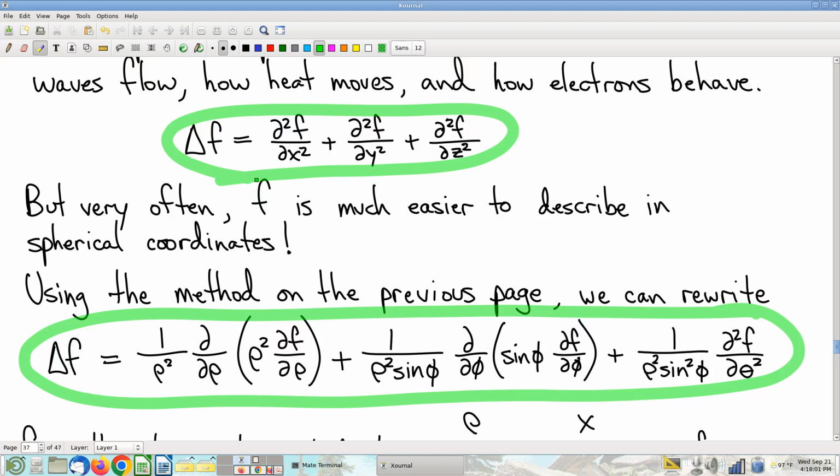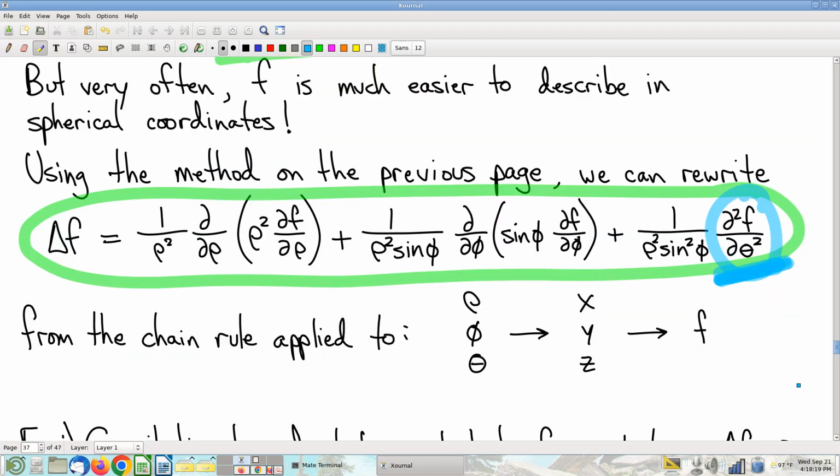This is something y'all can prove on your own. I'm not saying you should. There's a lot of details in this calculation. But look at what you would have to do. One of the things you'd have to compute is this right here, the theta second partial. Well, here's f, here's theta. There's intermediate variables x, y, and z, and you can play the same game that we played on the previous page and compute this second partial by taking the first partial, realizing you created several new variables, documenting those on the diagram, taking the next partial, keeping track of when to use the chain rule based on your diagram, etc., just like on the previous page.